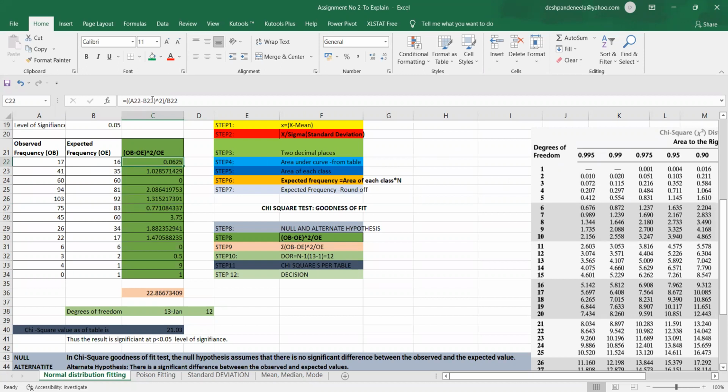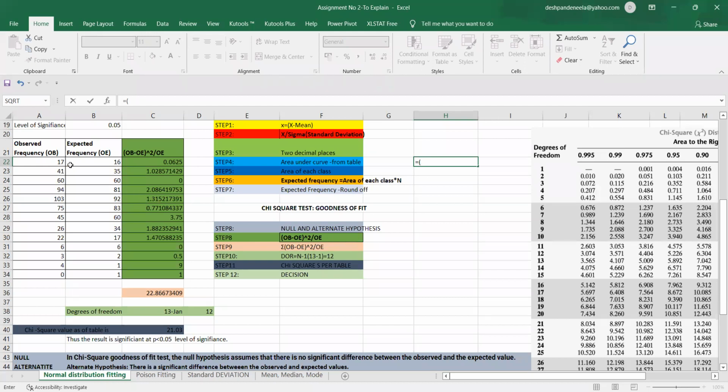If you can see here, A22 minus B22, that is OB minus OE, squared, divided by B22. You just have to pay attention to cell F30, where I've given the formula, the one highlighted in green.